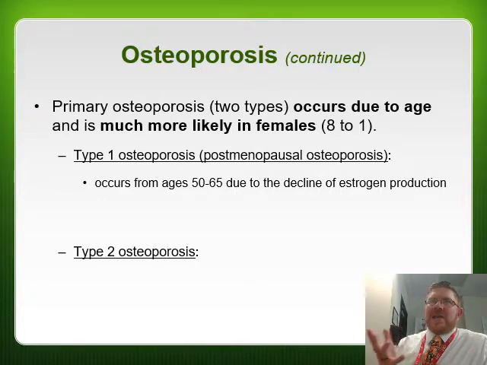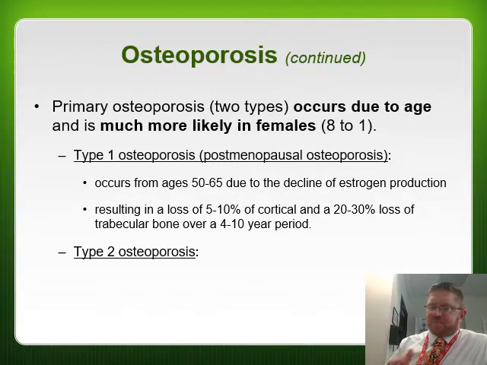So when it is taken away, bone health suffers as a result. During that initial postmenopausal period, there is a 5 to 10% loss of cortical bone, and 20 to 30% loss of trabecular bone over the span of 4 to 10 years. So that's a pretty significant thing to know about.